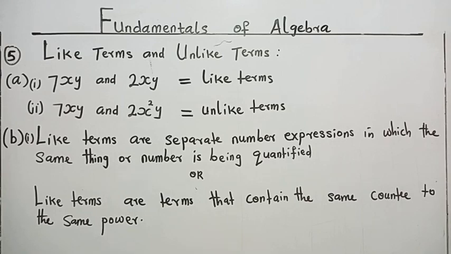Let us confirm it in the light of these two definitions. Like terms are separate number expressions. Obviously, 7xy and 2xy are separate number expressions that should possess what quality? In which the same thing or number is being quantified.